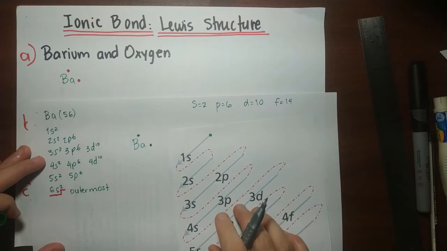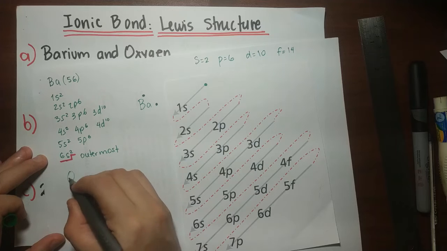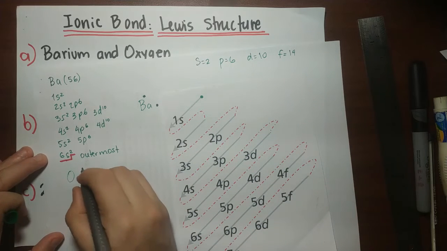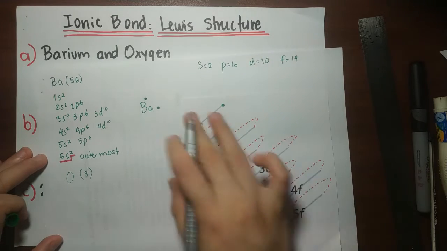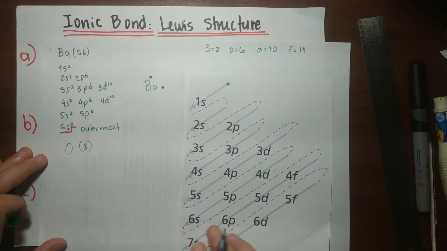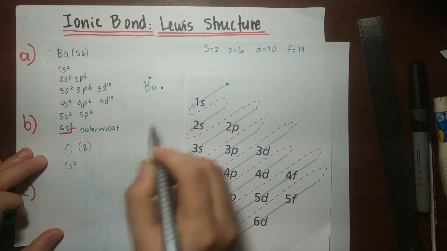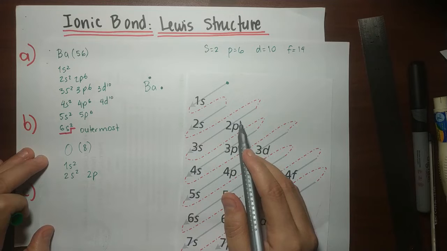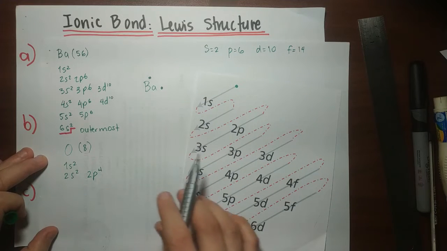Now I will do the same process, but for oxygen, which is number 8 in the periodic table. I will follow the pattern here until I get oxygen. So I have 1s2, 2s2, 2p4. 2 and 2 makes 4, plus 4 makes 8.